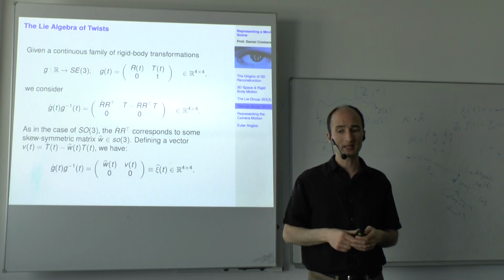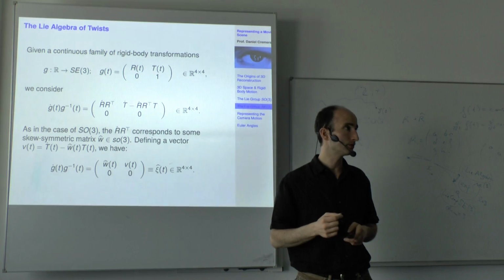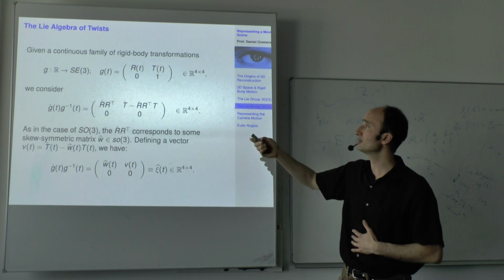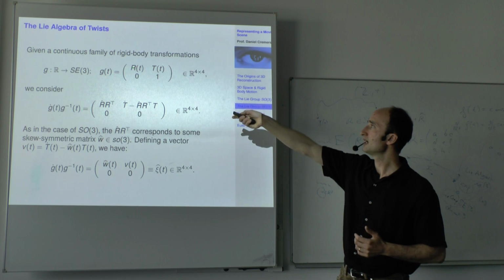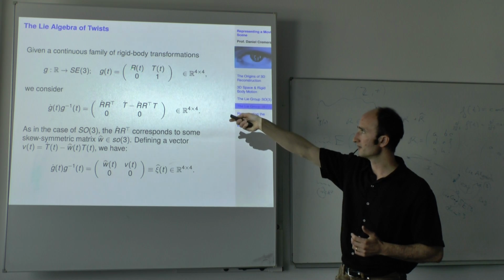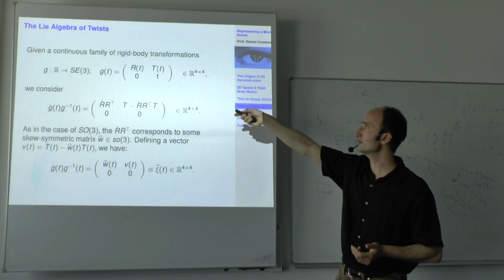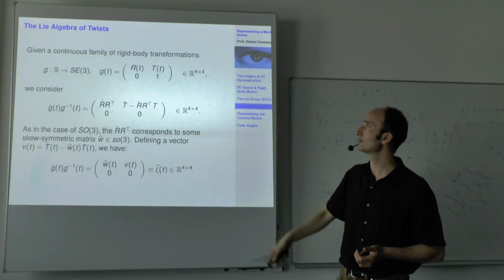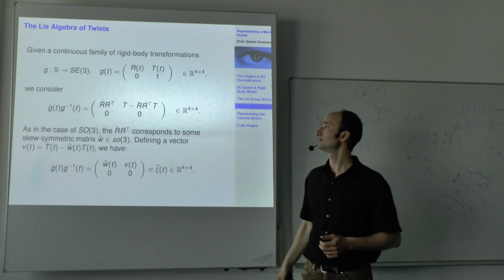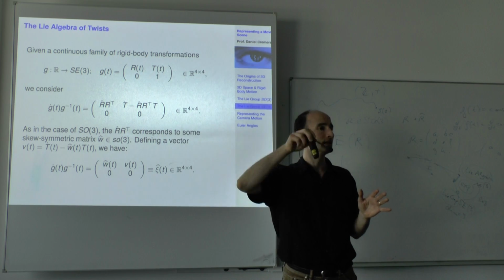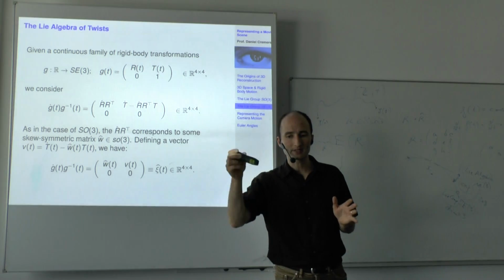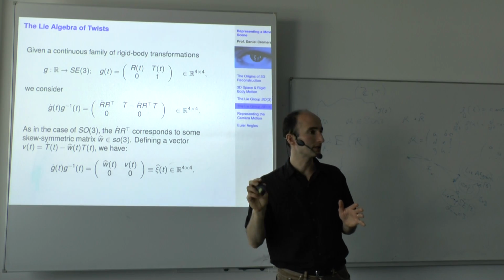Again, like in the rotation case, we now consider an infinitesimal family of transformations. Let's call them g(t), having a family of rotation matrices and translations over time, 0, 1. So we assume that the camera moves continuously, and for every time step we have some rotation and some translation.